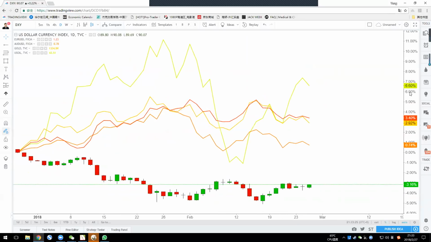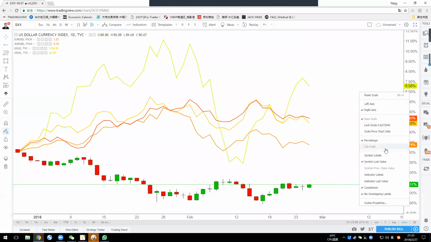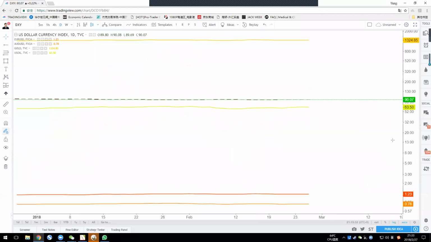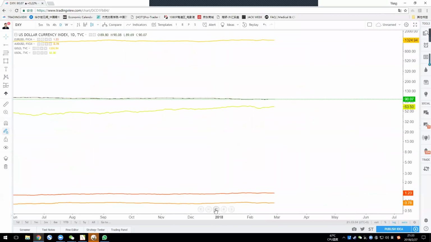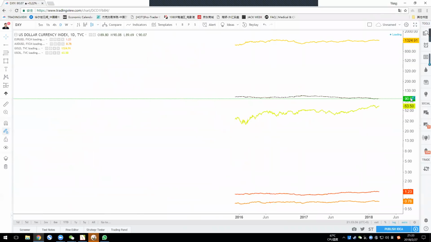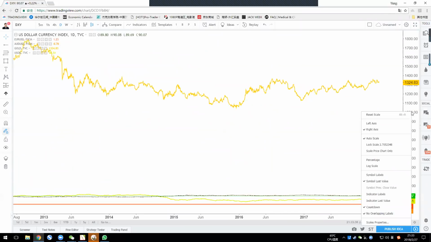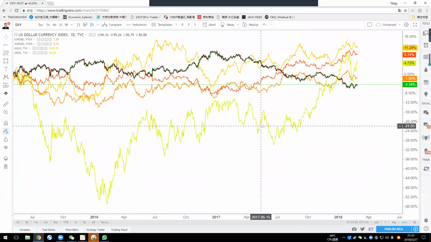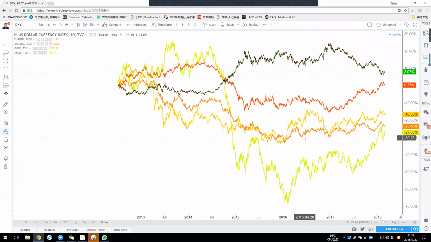Okay, I think I need to not use percentage. Okay, use the log scale. Better maybe. Use percentage.